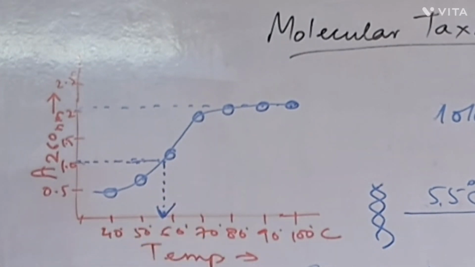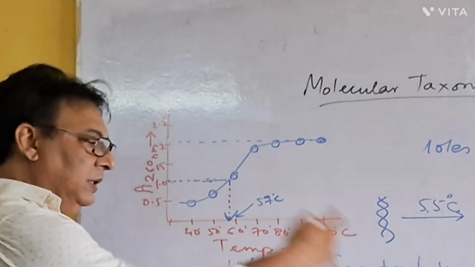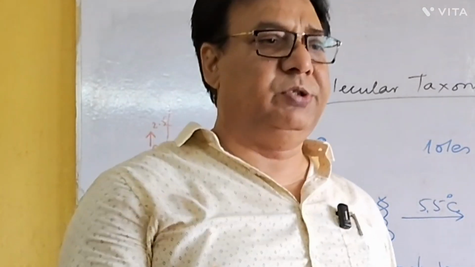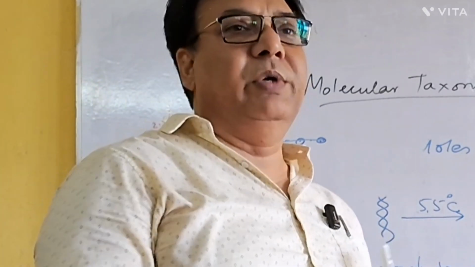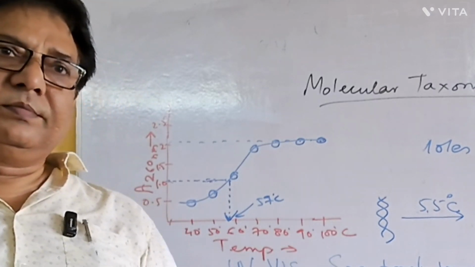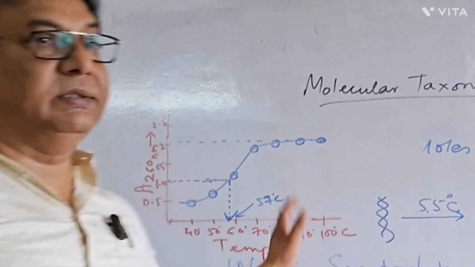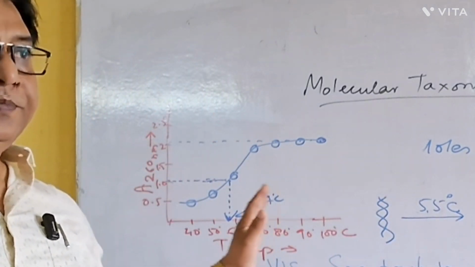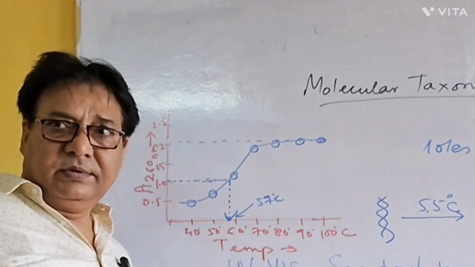At nearly 55, 57 degrees centigrade. So for this DNA sample, whatever arbitrary DNA sample you have taken, the Tm value is nearly 57 degrees centigrade. Okay, so you have to find out the Tm value. This is how the Tm value of a DNA is determined.